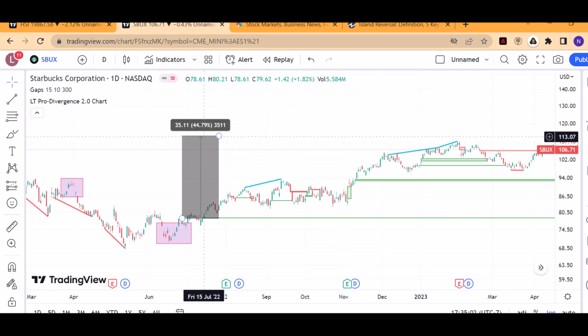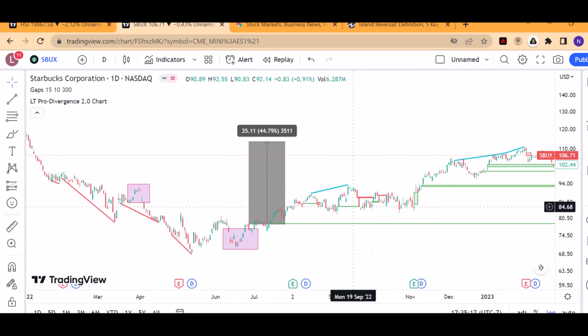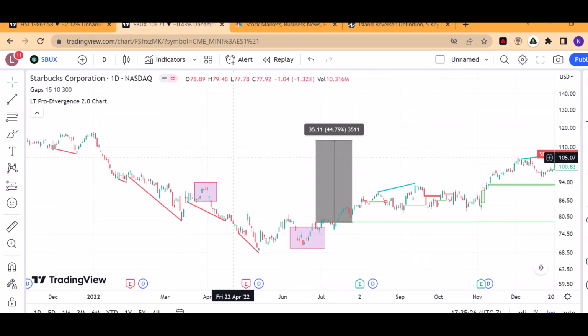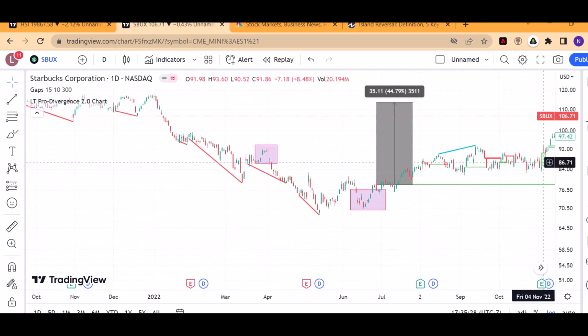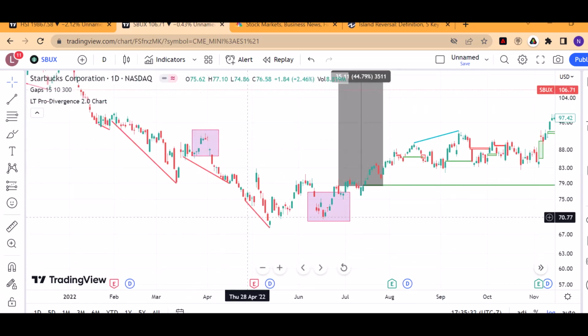This is not a high growth stock, it's a value stock, and in a value stock you are getting a 50% hike. Over the last year it keeps on going up. The market was going down in this same period, but Starbucks is still going up. And here too, you saw the bullish pattern.